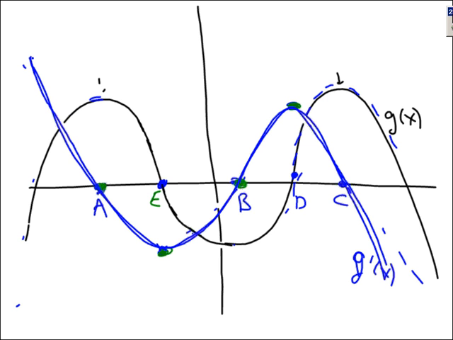So, it has a horizontal tangent line at E, so I must cross there. It has another horizontal tangent line at D, so I must cross at 0. And to the left of E, the slopes are negative, but they're getting closer to 0.